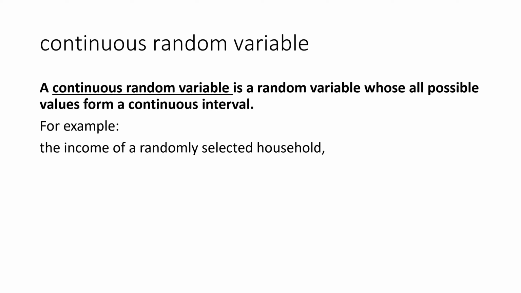However, remember we mentioned earlier that when we have large discrete values, we are gonna treat them as a continuous random variable. It's just easier, even though technically it is a discrete random variable.